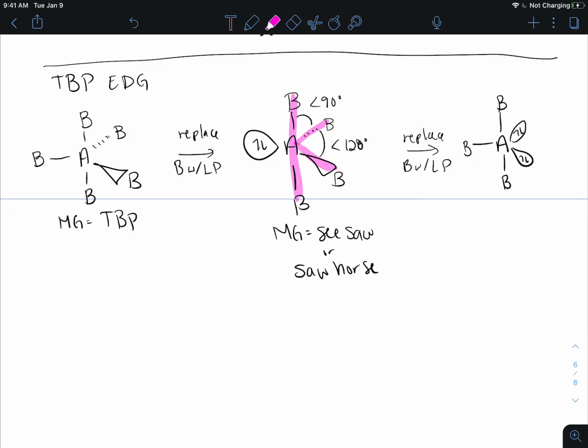The reason that I did this is so you could see the shape that this makes. Here we have a T-shaped molecular geometry. And again, our electron pair is pushing, so this bond angle is going to be less than 90 degrees.